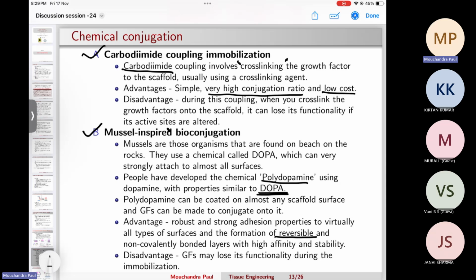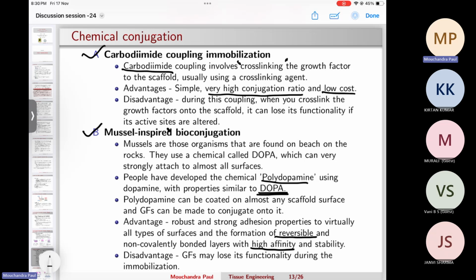Please note this. That's why it is reversible. Even though it is not chemically binding, this unique chemical offers stable binding and provides affinity for the growth factors to strongly bind to the surface.